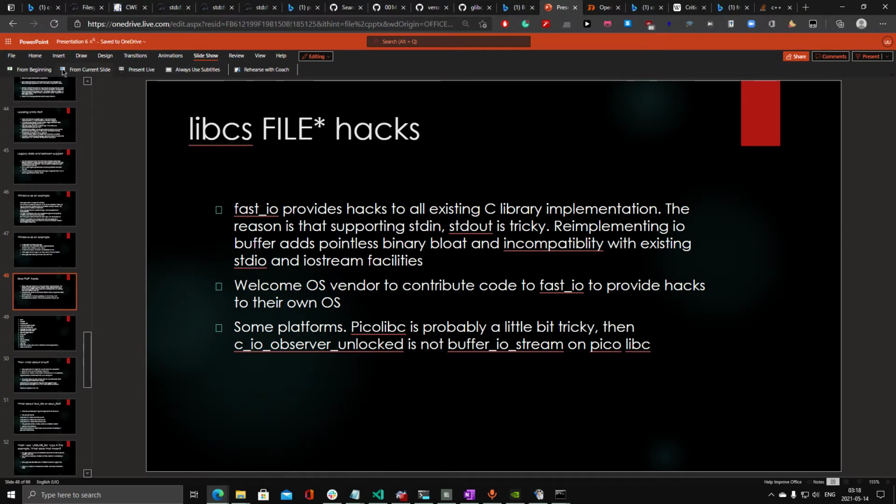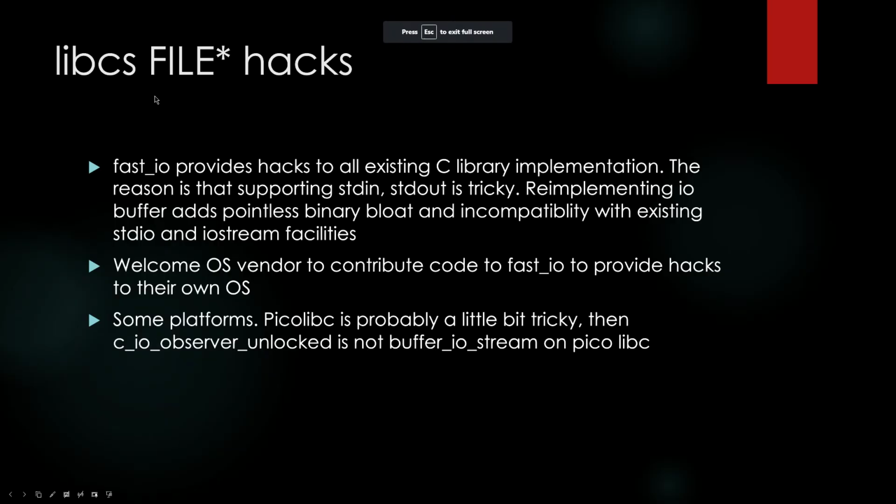Let's talk about libc. FastIO provides hacks for all the existing C library implementations. The reason is that supporting stdin and stdout is tricky. And if you're re-implementing the IO buffer, it has pointers, binary bloat, and incompatibility with existing iostream facilities. That's why I use sync_with_stdio, and it works extremely slowly.